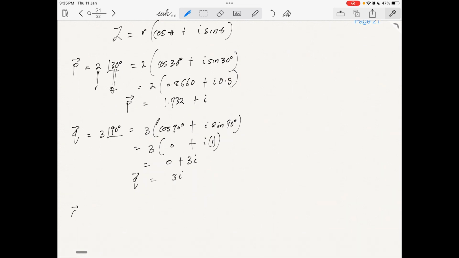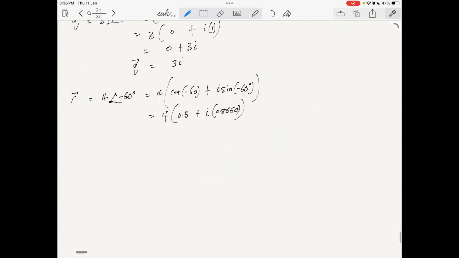And also we have R, which is 4 argument minus 60 degrees. So this will be 4 into cos minus 60 degrees plus i sine minus 60 degrees. And if we press our calculator, we have that our cos minus 60 degrees is 0.5 plus i, and our sine minus 60 degrees is minus 0.8660.